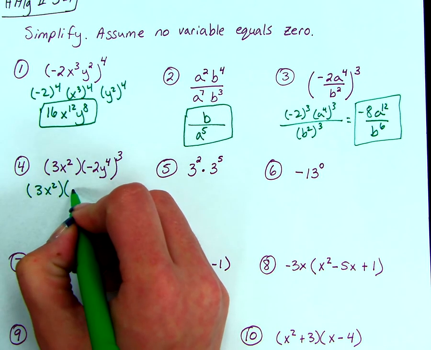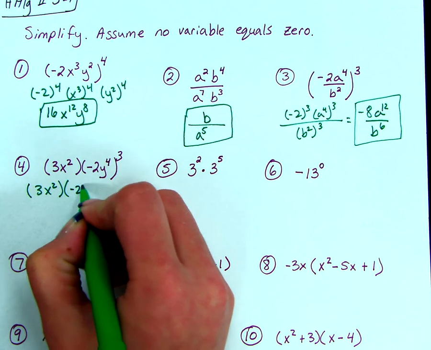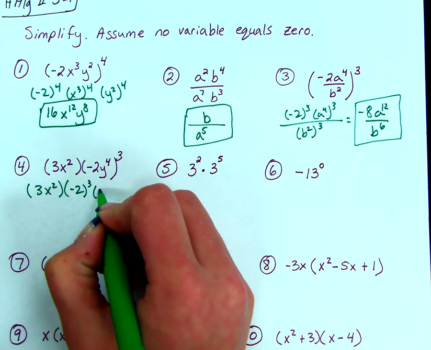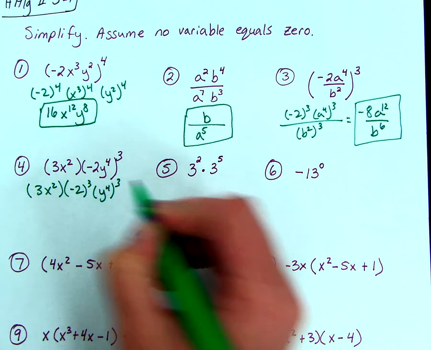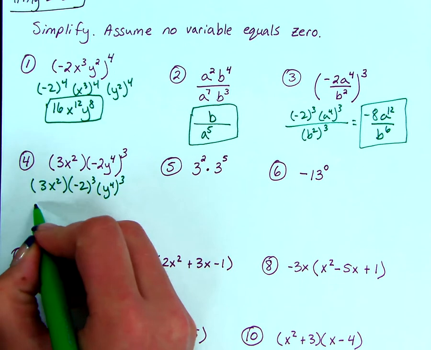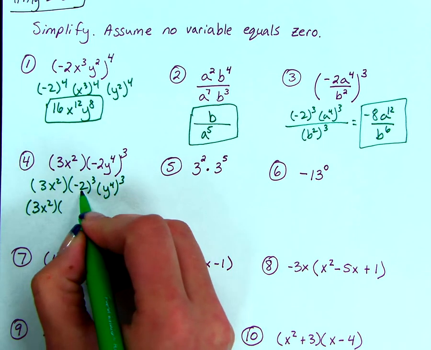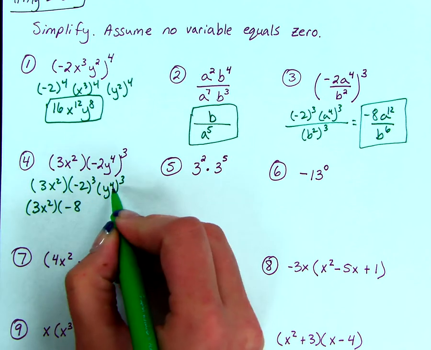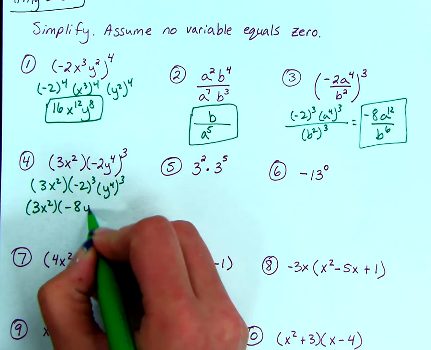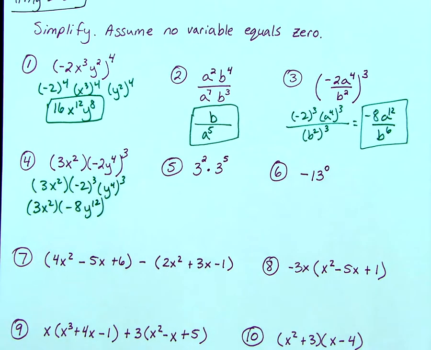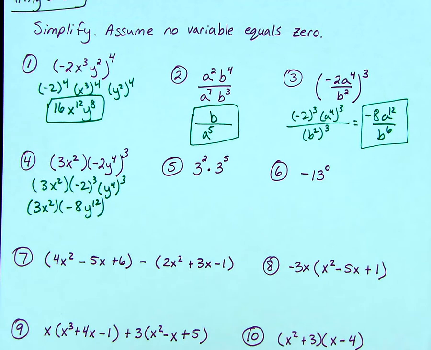So this is really the same thing as saying -2 cubed and then y to the 4th cubed. So 3x squared still, and then we would have -2 cubed, so that's -8, and then this we're multiplying, so 4 times 3 is 12, and then now we continue to simplify.